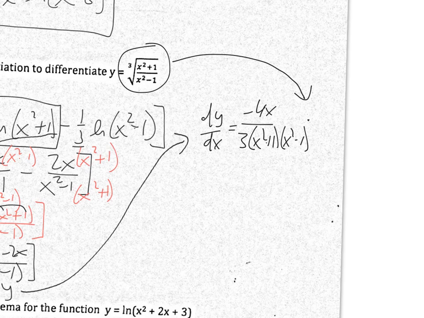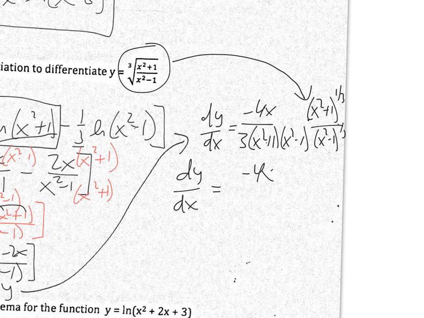I'm going to write this a little bit different, though. I'm going to split that cube root up to the numerator and denominator and put x squared plus 1 to the 1/3 over x squared minus 1 to the 1/3. Then we're just going to clean up using some exponent rules, and we get dy/dx equals negative 4x. Now if you notice, you have x squared plus 1 here, x squared plus 1 here.